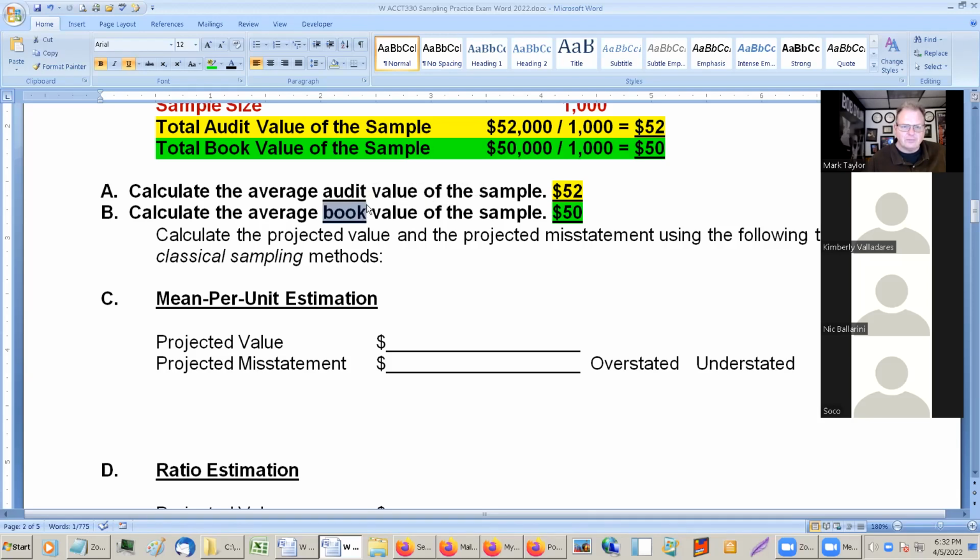Would it be the auditors? Yeah, so this is more persuasive.